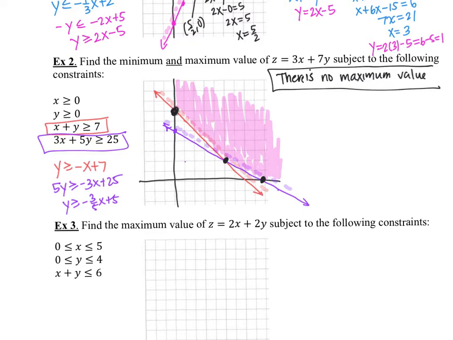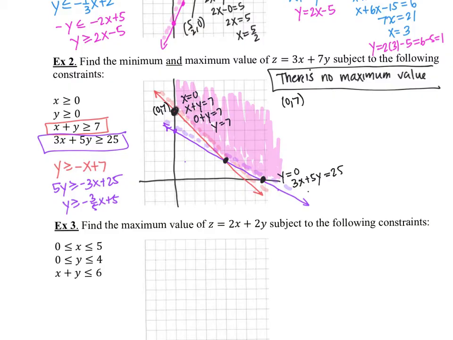There's 3 of them. Okay, so I have this one up here, and that's at x equals 0. And then the red line I could use in slope-intercept form or in standard form. I have x plus y equals 7. So if I plug in 0, y is 7. So this is 0, 7, which seems reasonable. Okay, and then along the x-axis, I have y equals 0, and then I have the purple line, which I could use in standard form, or I could use it in slope-intercept form.